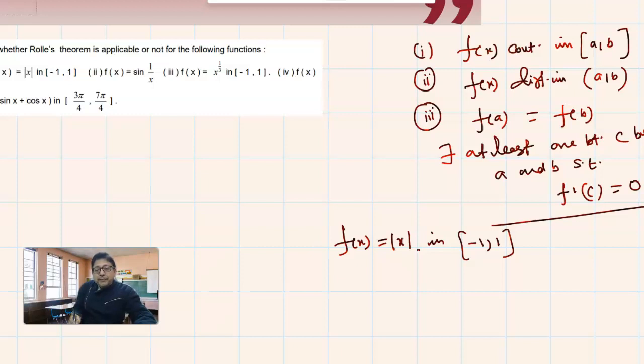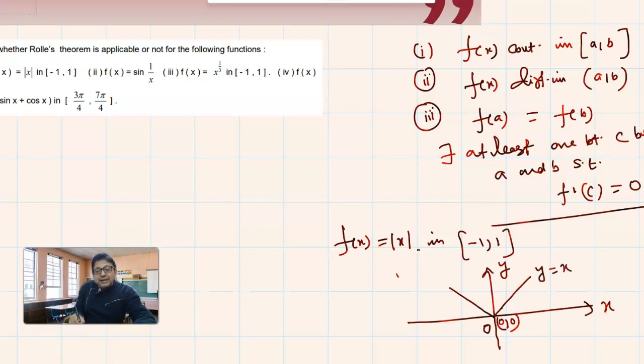If we go by plotting the graph of the function, then we will see that the graph of the function has a kink at the point x equal to 0. It proves the existence of 2 tangents at this point. One tangent has slope equal to 1 because this angle will be 45 degrees, this is y equal to x and this is y equal to minus x.